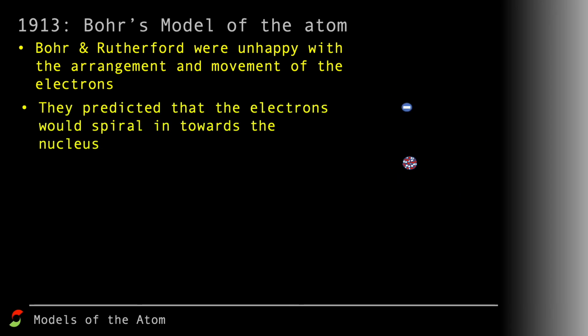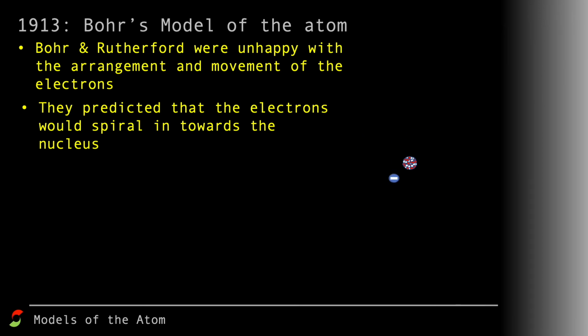They predicted that the electrons, if they were in an orbit similar to planets, would lose energy, and as they lost energy, they would spiral inwards towards the nucleus, and they would last for around about a picosecond, if anything. And a picosecond is a very, very short period of time.